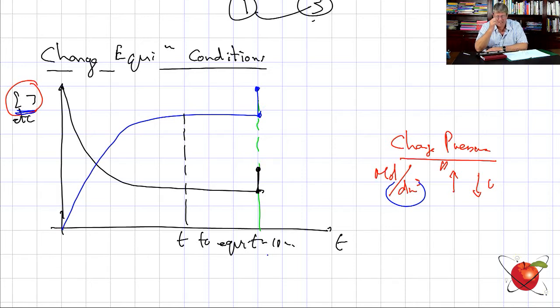Now, when I do that, the pressure increases. Let's say we don't know what this is at this point. All I tell you is that this is what happens. The blue goes like this, and the black one does this.